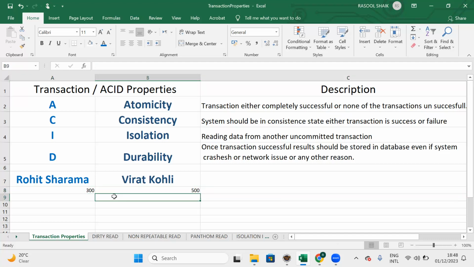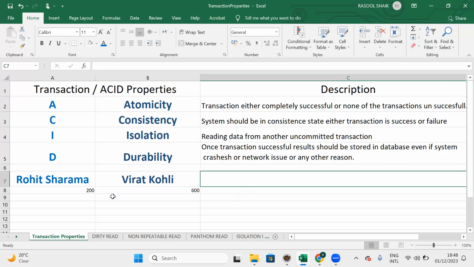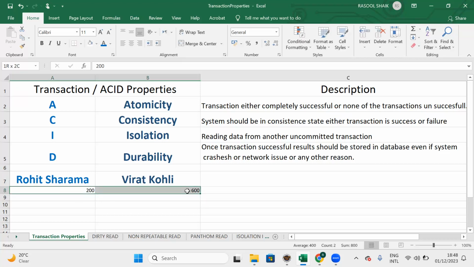Now let's assume the transaction is successful. Rohit Sharma transfers 100 rupees to Virat Kohli, so his bank balance will be 200. We deduct 100 rupees from his account and add 100 rupees to Virat Kohli's. After transferring, the sum of both bank account balances will be 800.